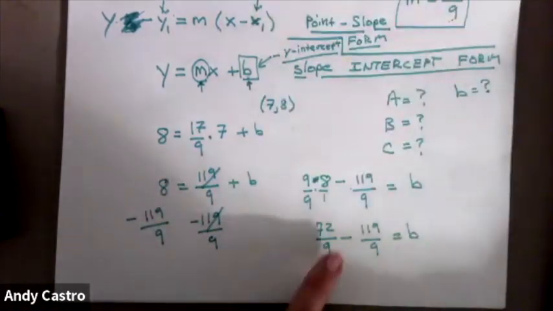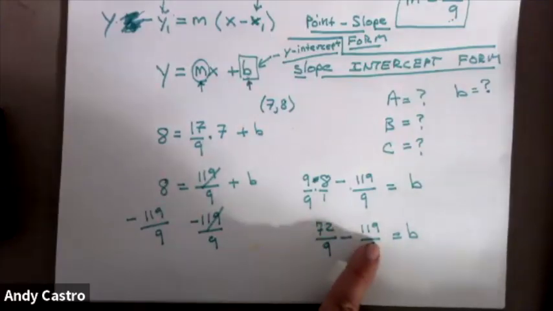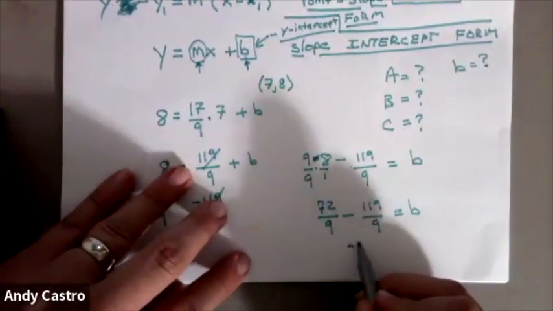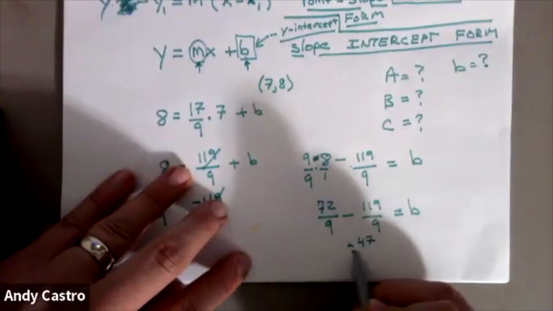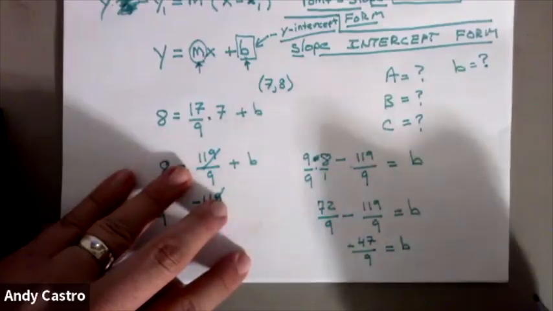Okay. Now I'll do 72 minus 119, and that's going to give me negative 47 over 9 is equal to b.